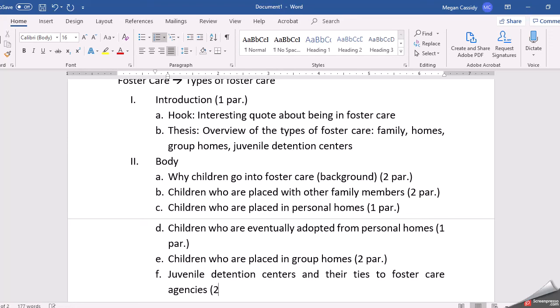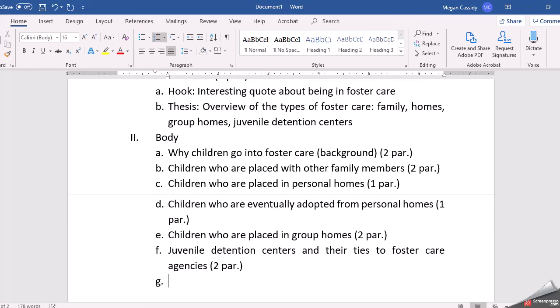And then maybe I have 2 paragraphs about that. Okay, so now I've got 1, 2, 3, 4, 5, 6, 7, 8, 9 paragraphs. And usually you'll have a paragraph or 2 per page. So maybe I say to myself, if I have 9 paragraphs and I have 2 or 3 per page, that's going to give me about 3 pages, and I need a little bit more.